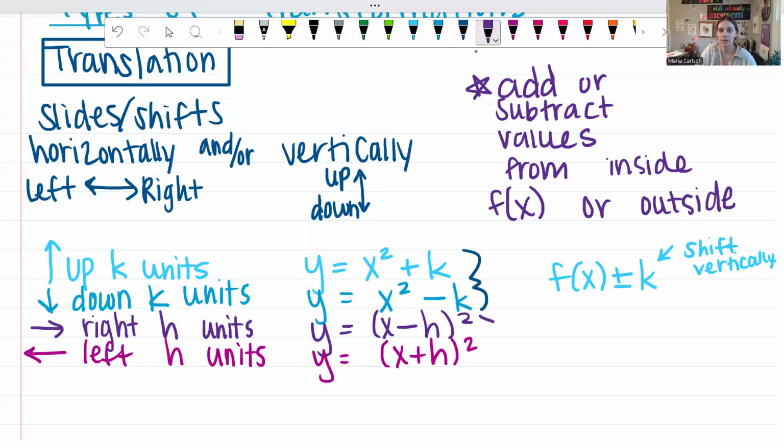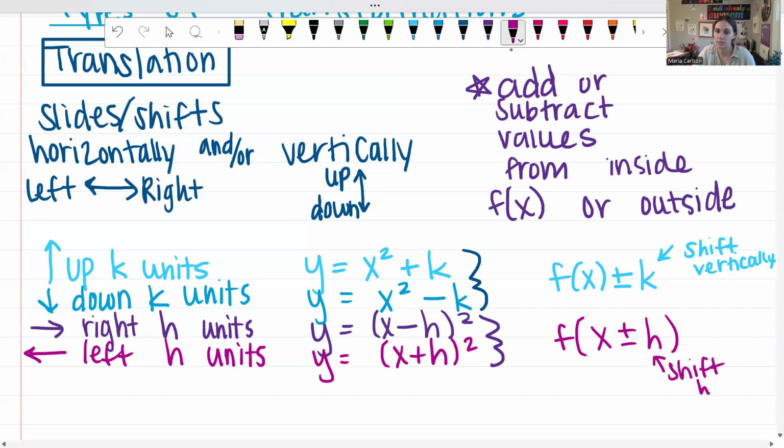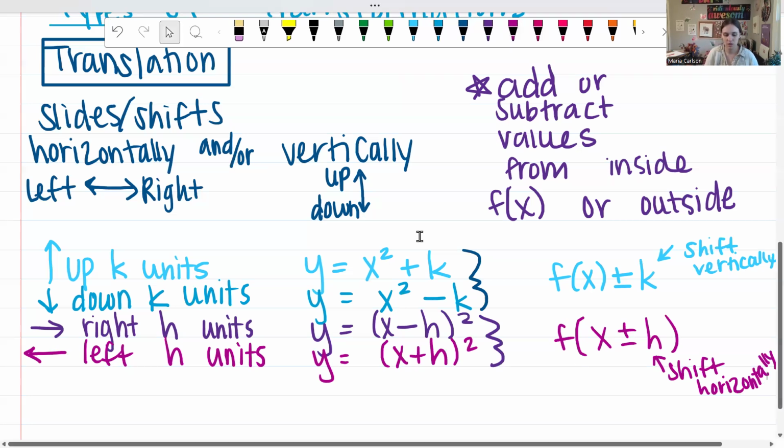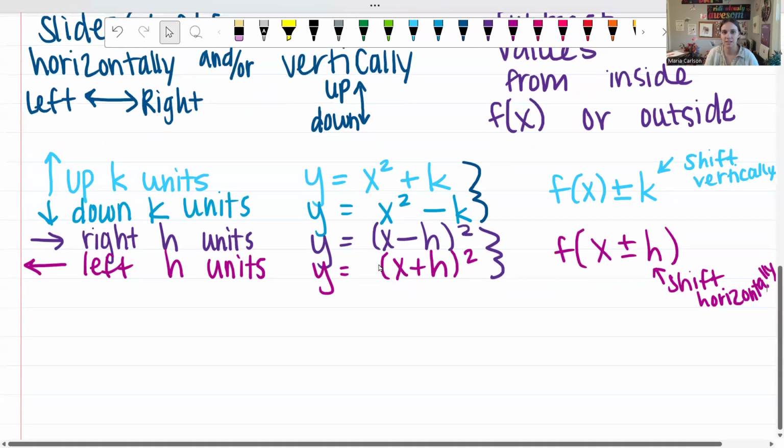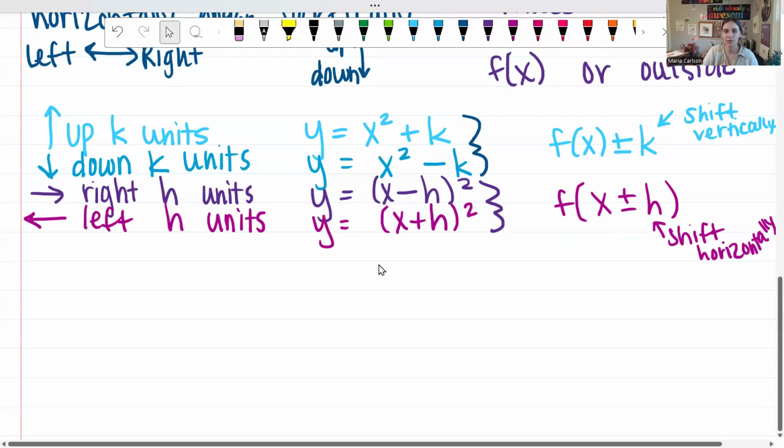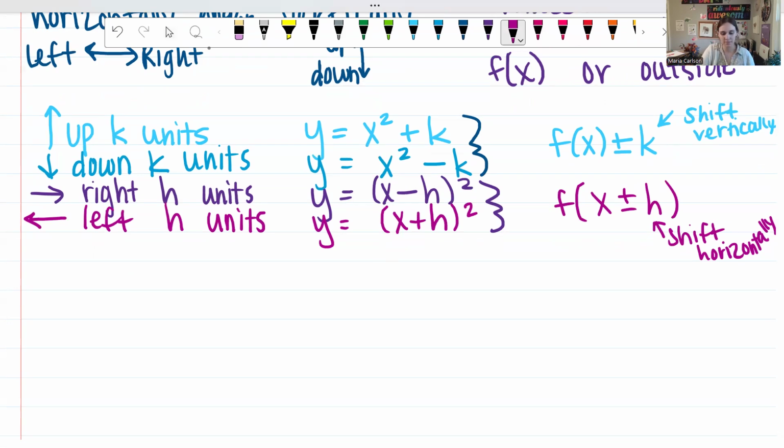Now, if we are going left or right, we're moving horizontally. I am going to inside with x add or subtract my value. So inside with x is going to affect our x values. It's going to shift horizontally. All right, so these are all of our translations. They are just adding or subtracting values either with x or outside of it.